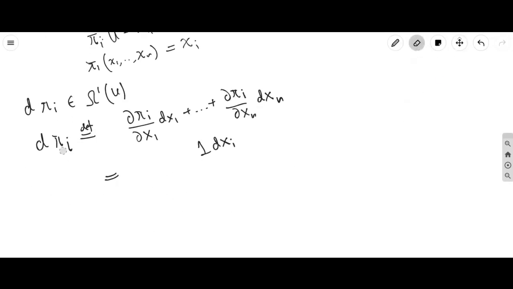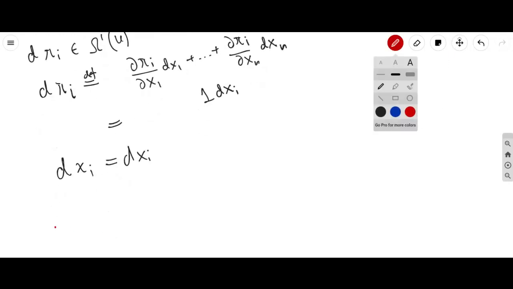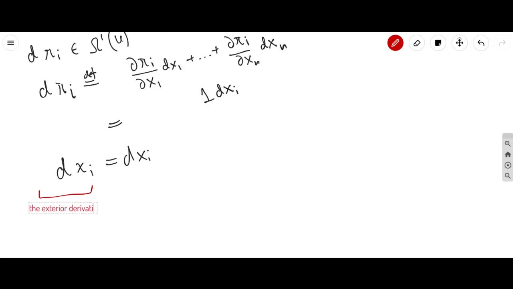So we see that when you take the ith projection function, its exterior derivative is equal to dxi. To put it very simply, we're saying that dxi is equal to dxi. So there are two different meanings. This is the exterior derivative of the ith projection map that we just happen to denote by xi.